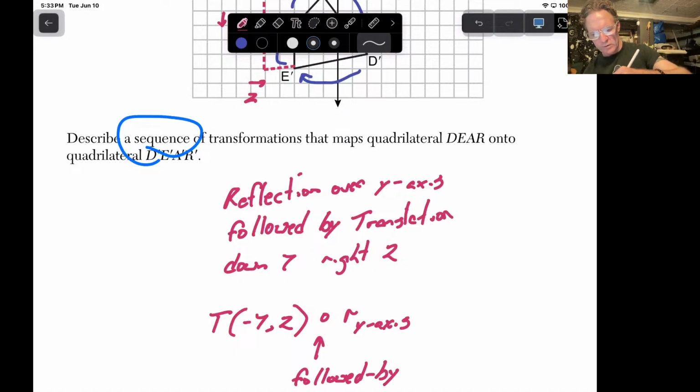If you see it in notation form, you always work from right to left, or from the inside out. That's something you might see on the new test, more notation. They might not say a rotation followed by a reflection. They might say capital R, 90 degrees, and lowercase r, y-axis or something like that. Okay.